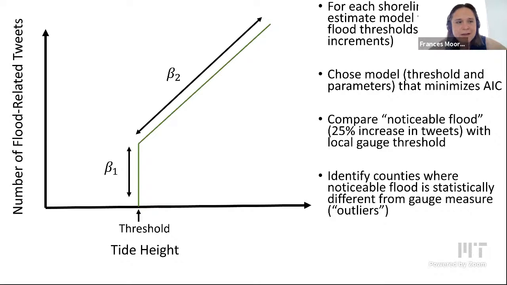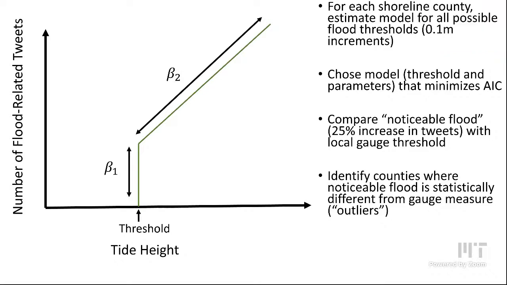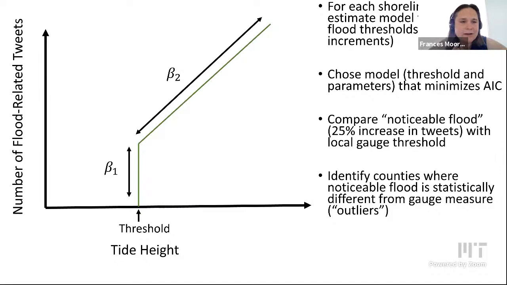We're looking for counties where that noticeable flood threshold is statistically different from the minor flood threshold at the tide gauge. These tide gauges have three flood thresholds, minor, moderate, and major. And we're thinking about this minor flood threshold that just indicates whether there's flooding or not.